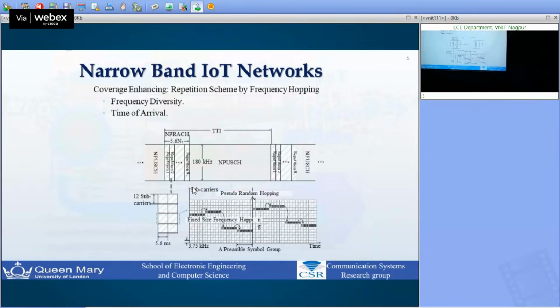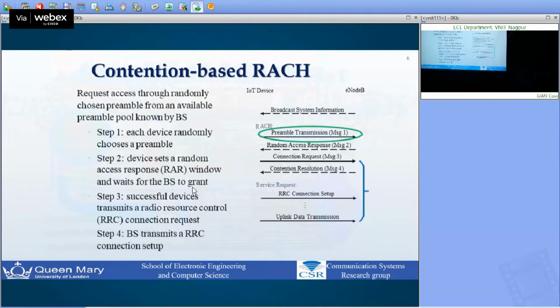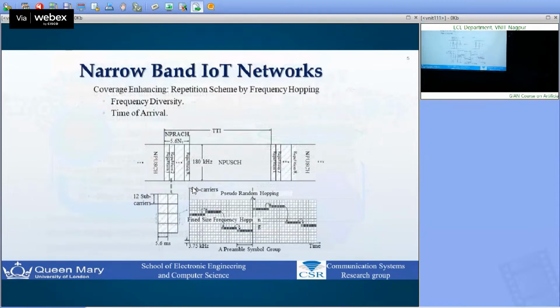Now, uplink, yes. The uplink shared channel, U is for uplink.